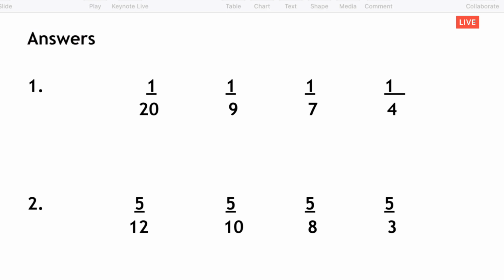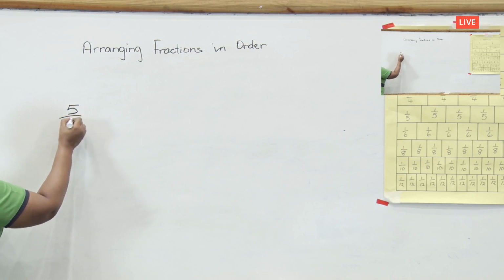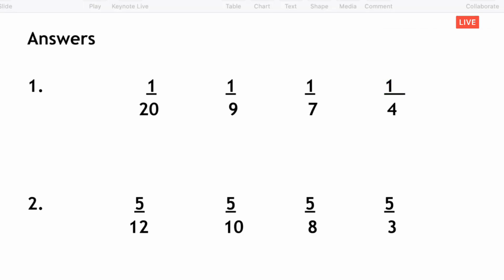Let's look at number 2. We want to arrange in descending order. And descending means we are coming down. So we are going from the biggest to the smallest. So tell me. Oh, that's not correct. So we are going from the biggest to the smallest. So our biggest should be 5/3.